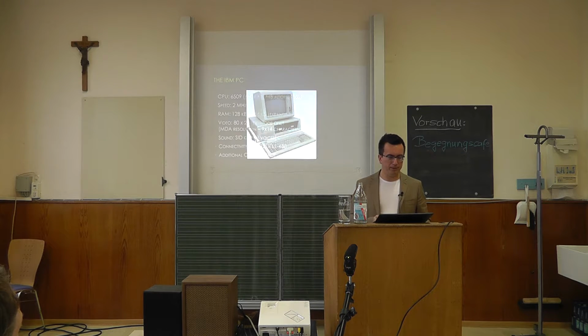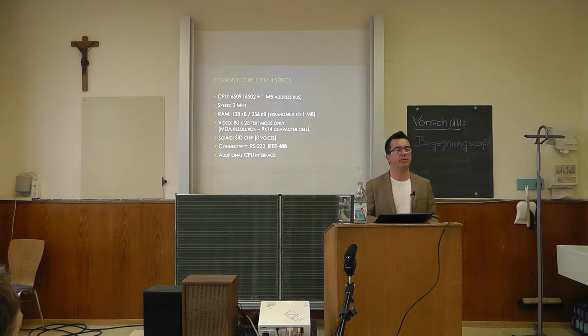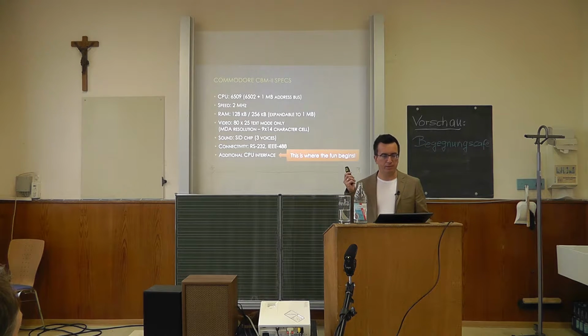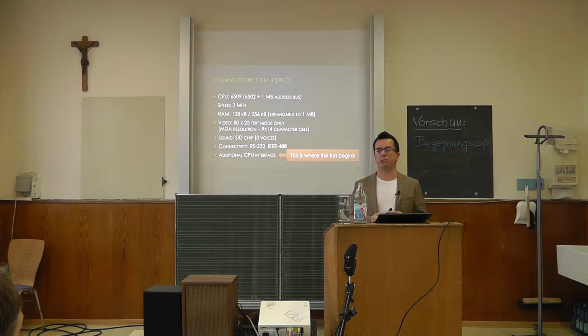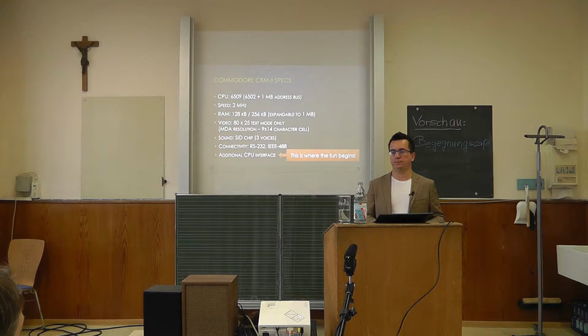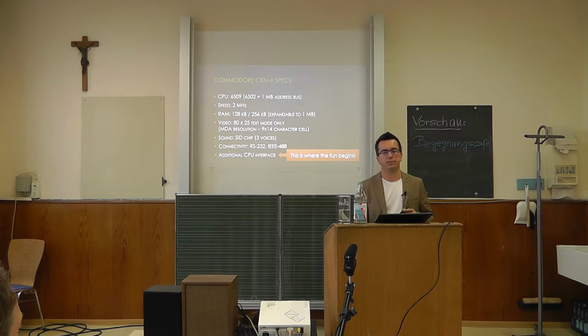But Commodore had one trick up their sleeve, which is highlighted here. You can attach a second processor to a CBM2 computer. And the PC cannot do that. And most of the computers back in the early 80s couldn't do that.